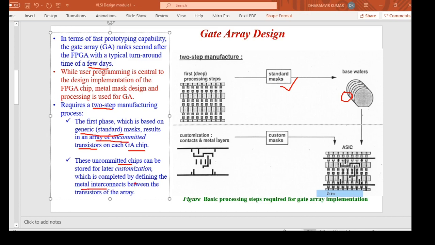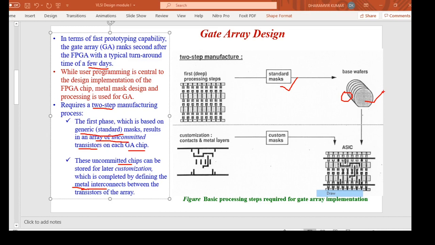And mind it, how do we form a circuit on a chip? Because this already contains the uncommitted transistors, and we have to use these transistors to form different kinds of circuits like logic gates, adders, multipliers, flip-flops. So how are they achieved?